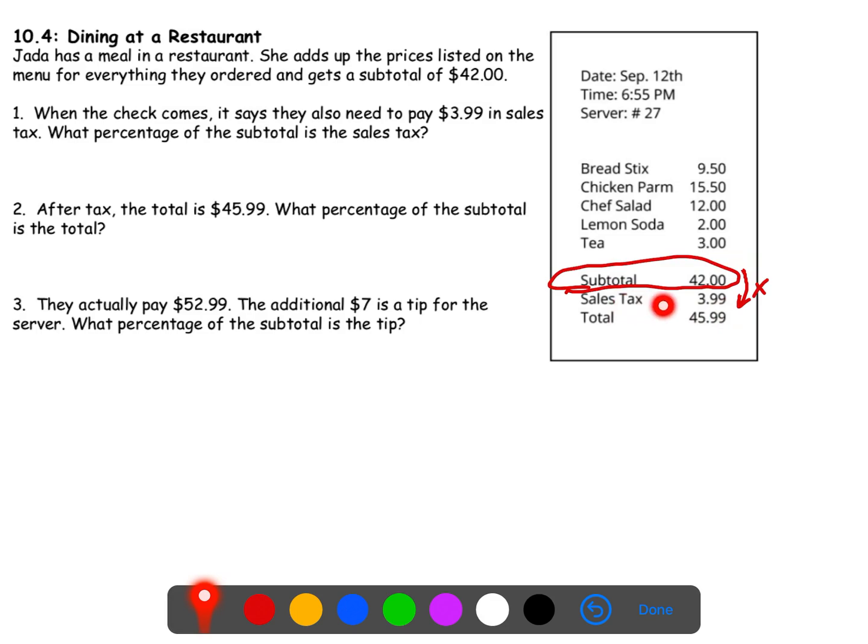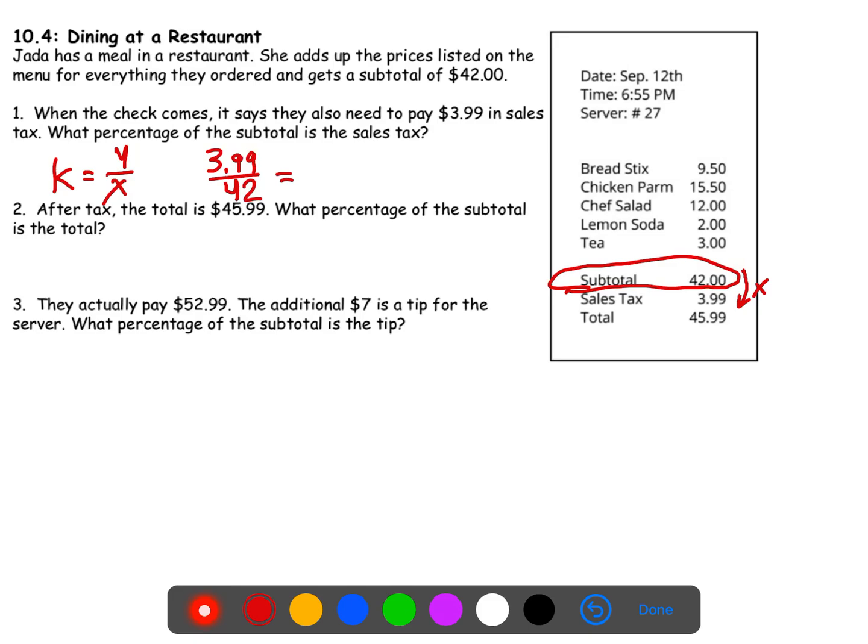We're going to divide our sales tax by the subtotal. So to get our k equals y divided by x, we're going to divide our sales tax by our subtotal.